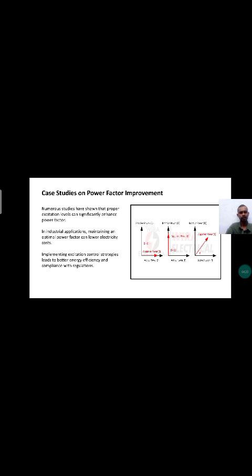Implementing excitation control strategies leads to better energy efficiency and compliance with regulation. As shown in the diagram, we show case studies on power factor improvement, active power, reactive power.